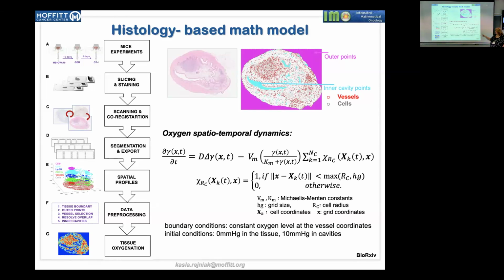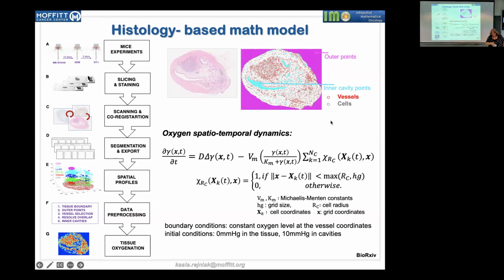I think I didn't mention in this graphic which part we are using from our micropharmacology model. So we have tissue, we have diffusion, and we will have just the membrane uptake. The oxygen distribution in this space depends on the diffusion, and then we model the cellular uptake with the Michaelis-Menten method.